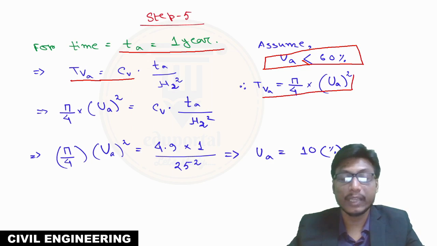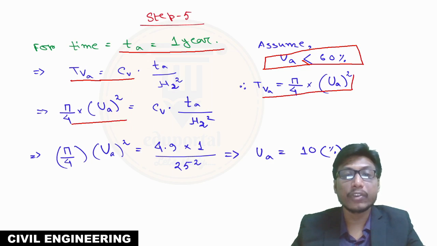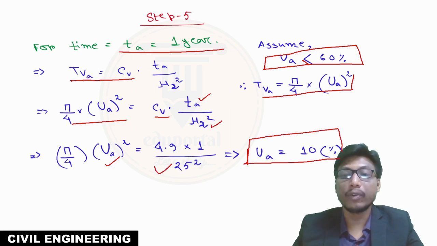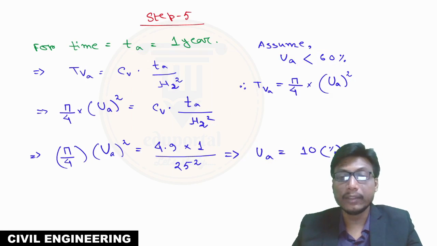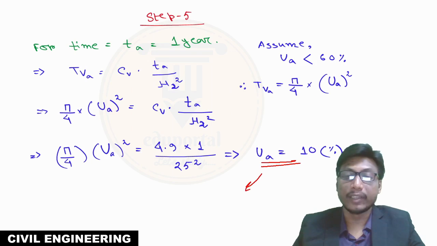This equation can be used. Using this equation, CV value we know is 4.9, TA equals 1 year, H2 is equal to 25. From here, using all these values, we get the degree of consolidation after 1 year for soil sample 2 is 10%.